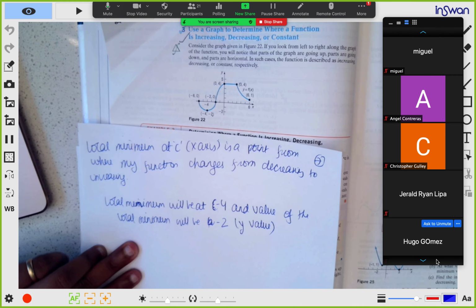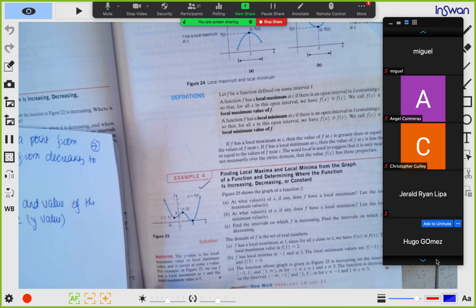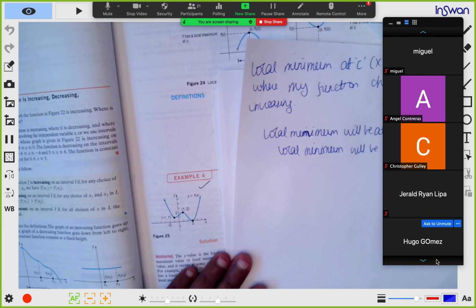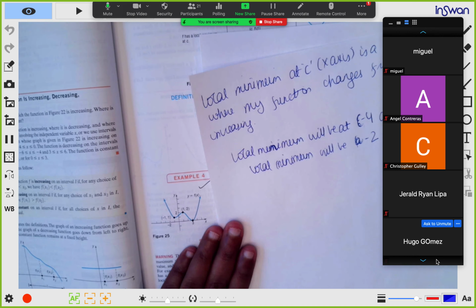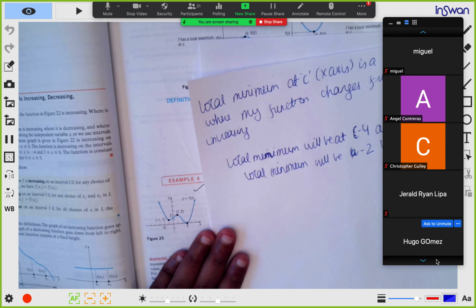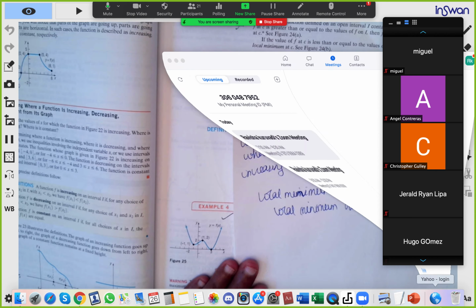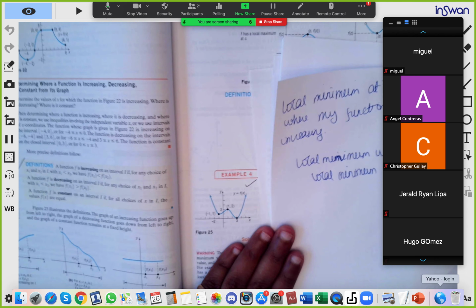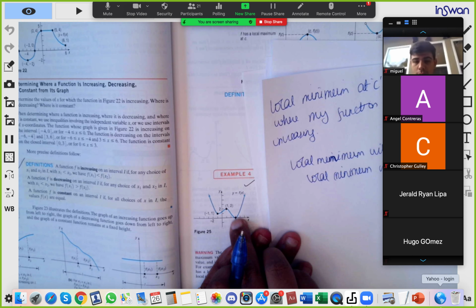Okay, let's see one more example here. I have to find all the local minima and maxima points. How do I do it? Can everyone see this example?